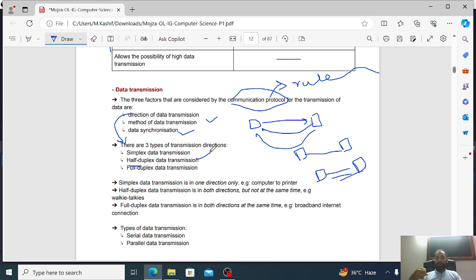When you browse something on the web, you write the web address, which means you send your request to a server. When the server receives it, the server responds to you, but both things will not happen at the same time. Full duplex means data is sent and received at the same time. A famous example is your telephone call.